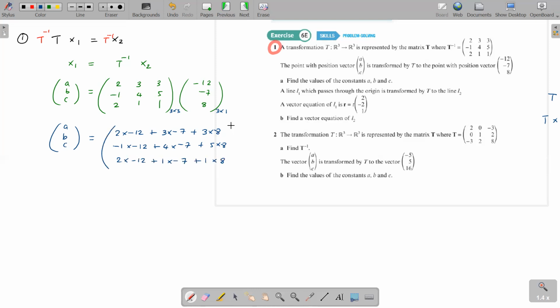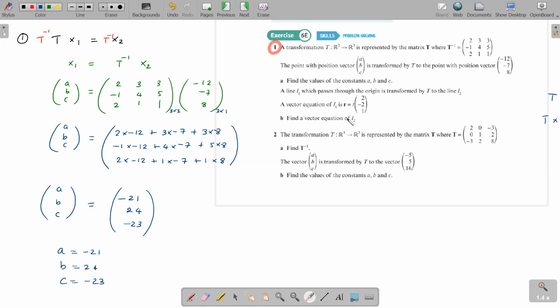Are you with me? How much is the answer? The first row is -21, the second row is 24, the third row is -23. So A is -21, B is 24, C is -23.